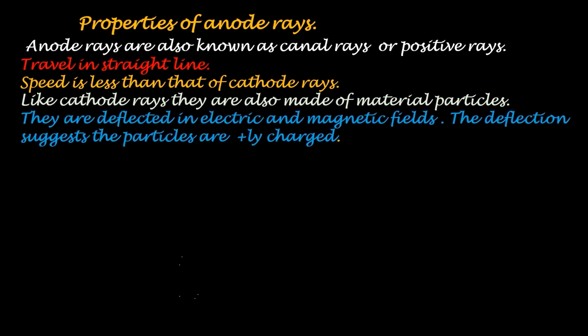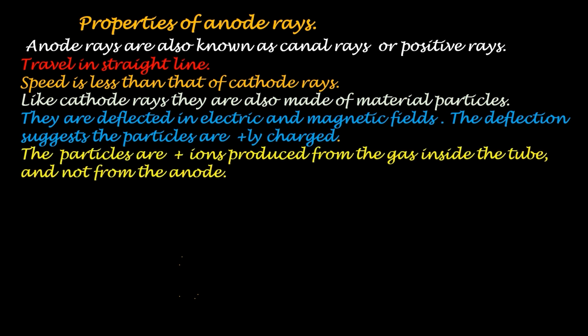The direction of deflection suggested that the particles present in the rays were positively charged. The particles are positive ions produced from the gas inside the tube, and they are not formed from the anode. In the case of cathode rays, they are formed from the material of the cathode.